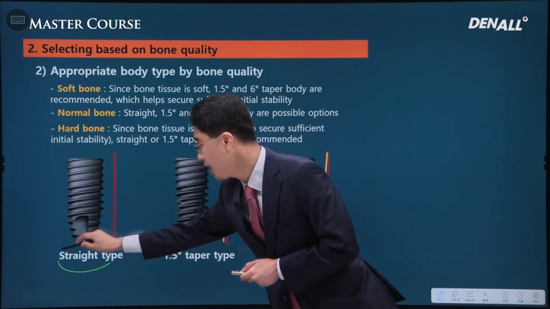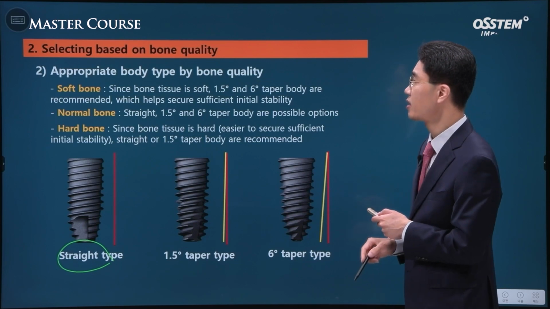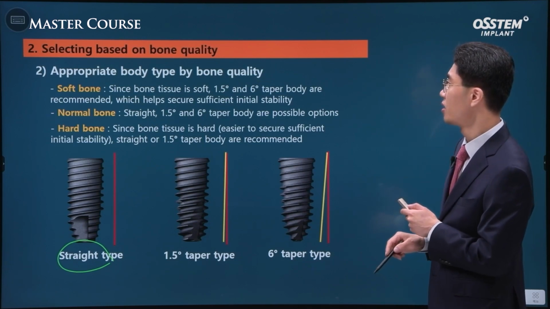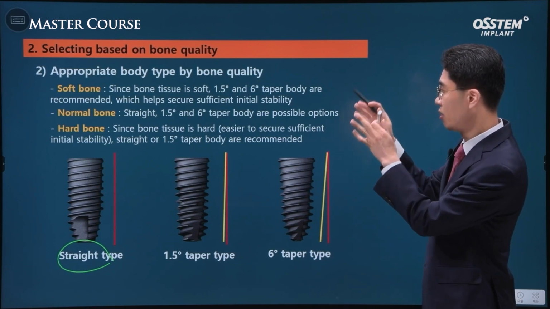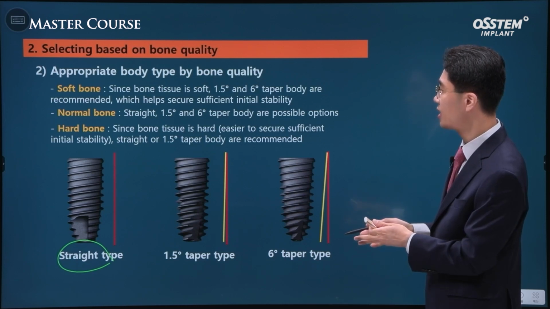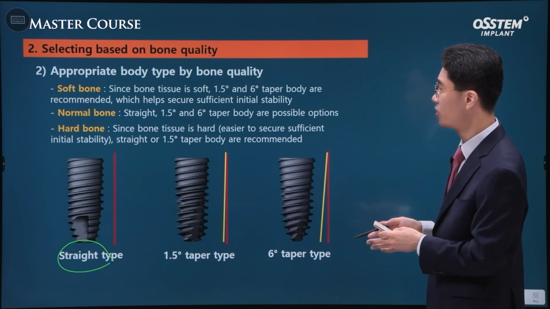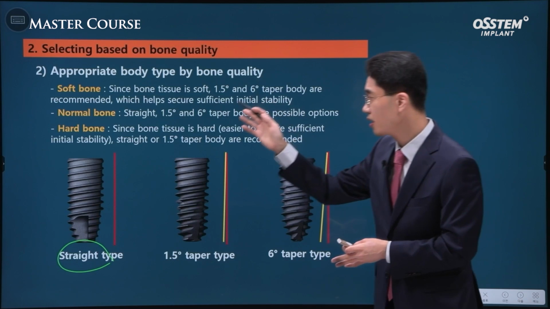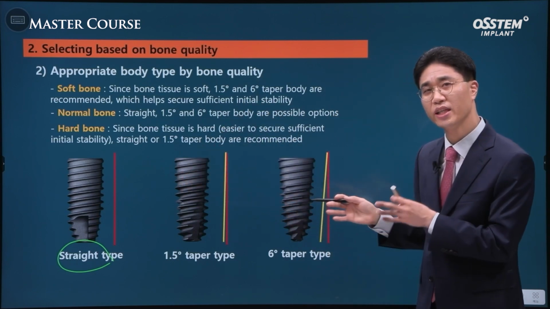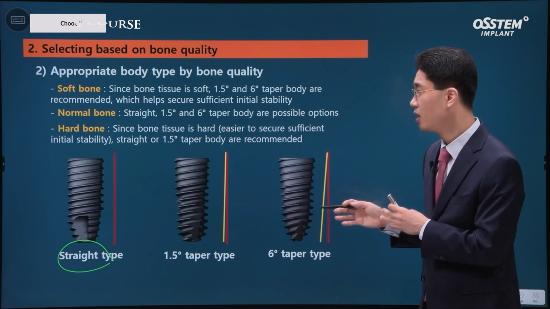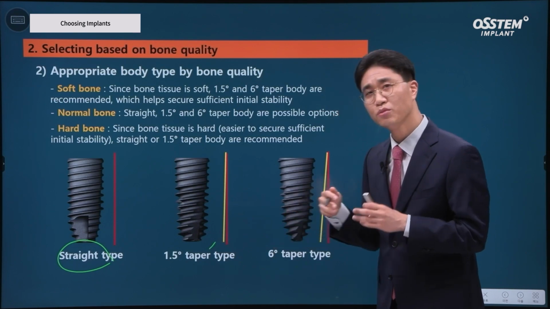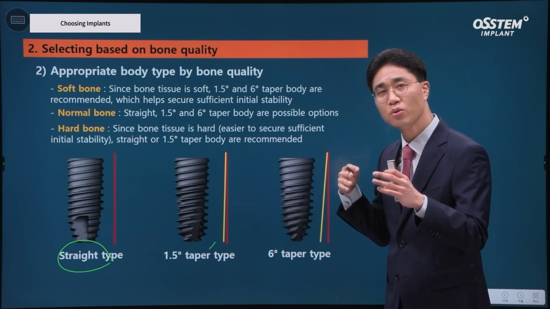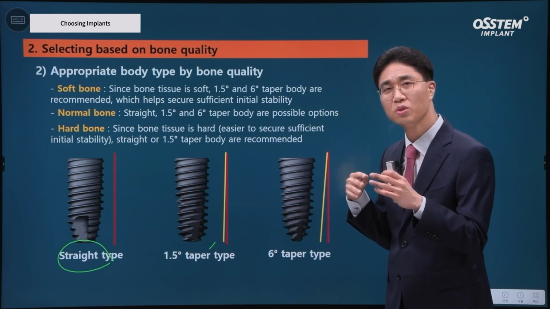In the case of a straight implant, from the top to the apex, the form is straight. The difference between a straight body and a tapered body is that, easily put, a tapered body can be easily fixated within bone.